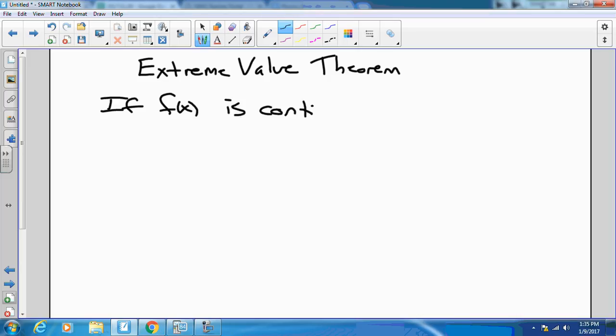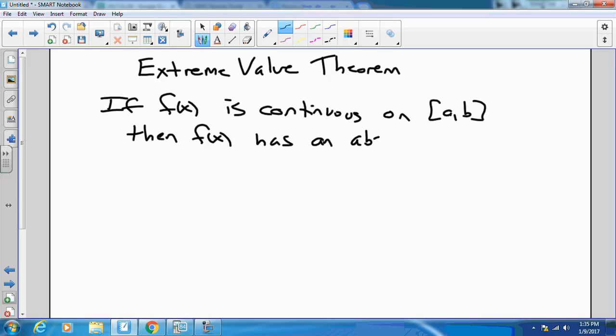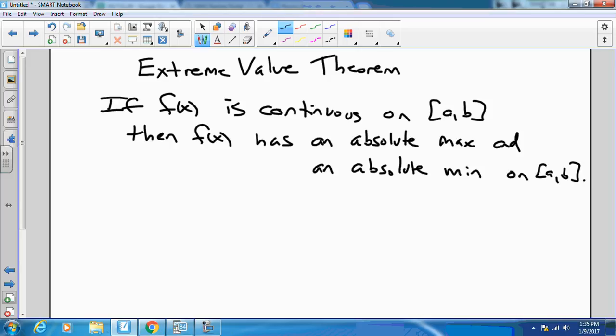If f of x is continuous on the closed and bounded interval a to b, then f of x is guaranteed to have an absolute max and an absolute min on the interval a to b.